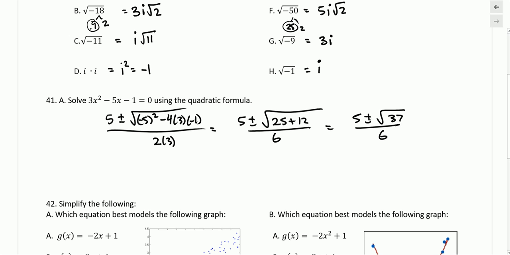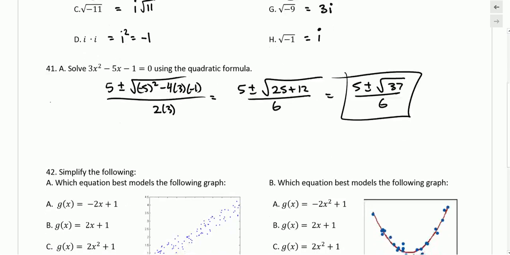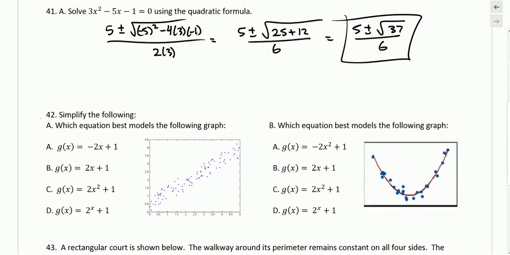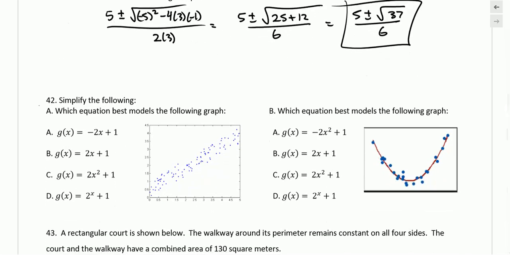And 37 is prime, so that would be our final answer. Number 42, let's skip. We will explore these things, this is linear regression and quadratic regression, after the test.